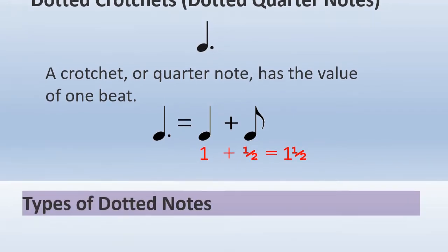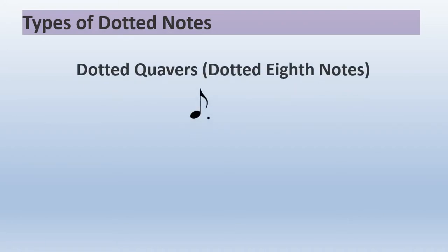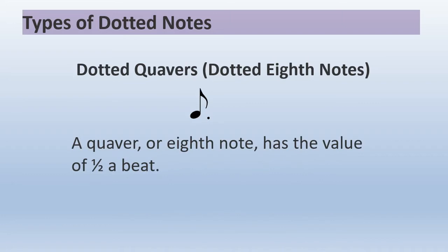Now let's look at the dotted quaver, also called the dotted eighth note. The quaver, or the eighth note, has the value of half a beat.